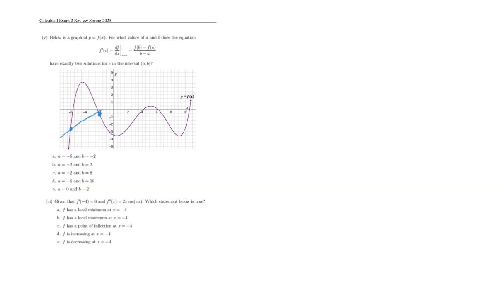So that only has 1 value, so it's not A. Okay, let's look at the next one. From -2 to 2. At -2, we're here. If I drew my secant line, there's only one point that has a tangent line in there. So it's not that one. Okay, how about -2 to 8?